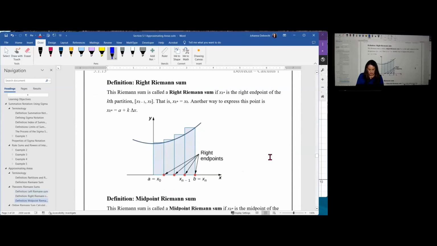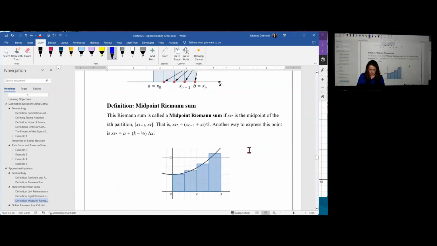For the right Riemann sum, you can use the formula x sub k star equal to a, the left endpoint of the interval, plus k delta x. This will generate only the right endpoints of each subinterval. It will not generate the first one, x naught equal to a, because it is not the right side of any rectangle.